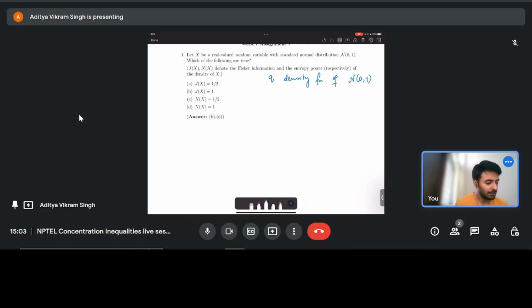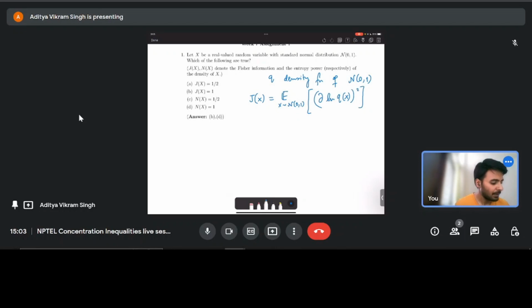So Jx is basically the expected value, where x is coming from N(0,1), of the derivative of ln q(x), the whole square.